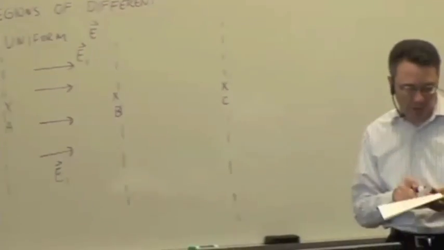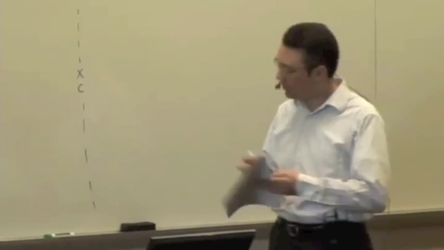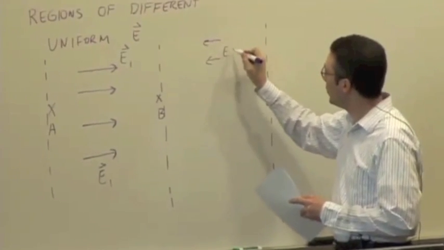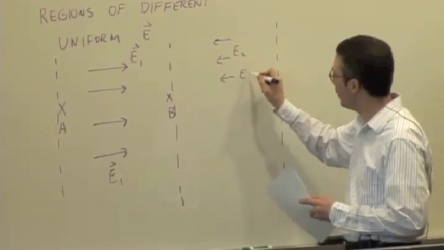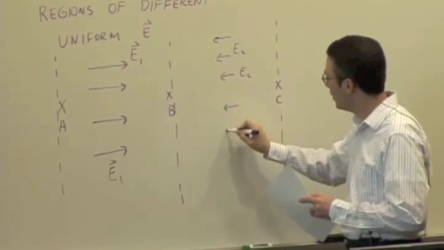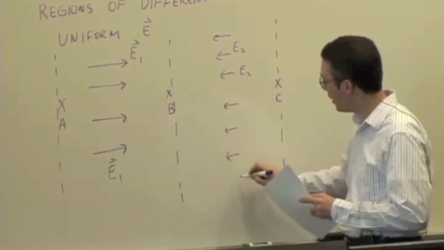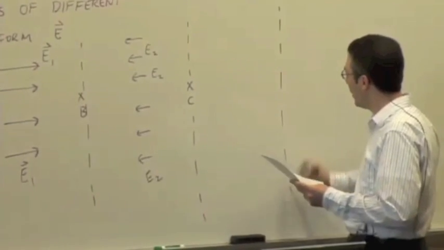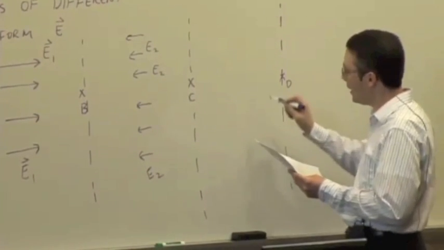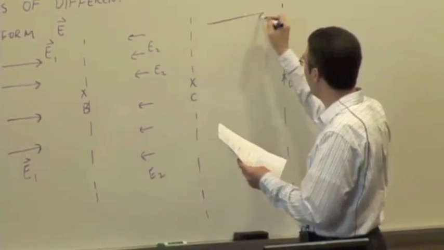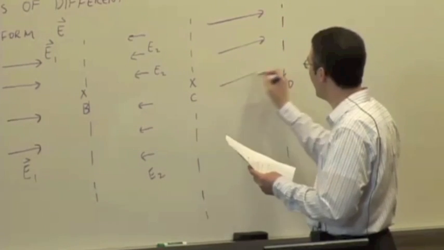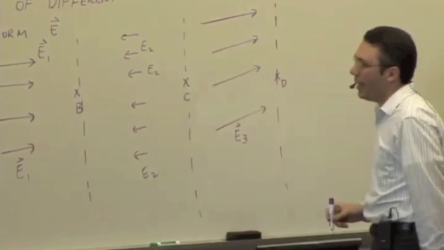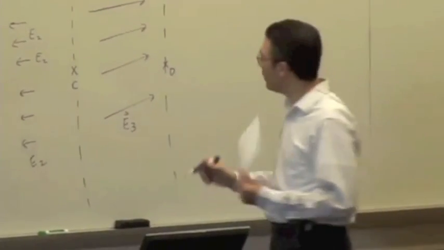It's uniform within that region. But we'll call this E2. So I measured just a different electric field in this part of the space. And we can even have a third region from C to D. Call this, I don't know, E3. Maybe it's even off in some direction. Like so.